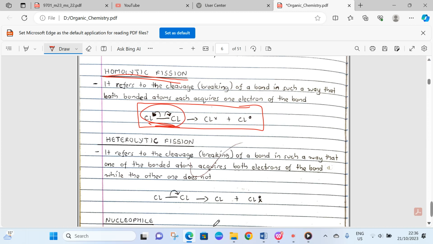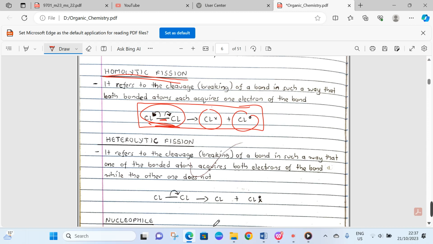Homo means one, so there's an even distribution of the bonding electrons. Each atom receives one of the electrons it was sharing. It's an equal breaking of the bond. You can liken this to a couple who divorce, then they share everything equally, something like that.